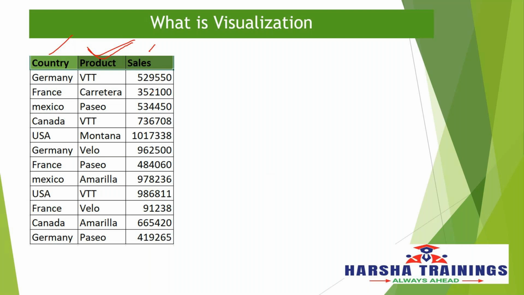Is it clear? The total sales from Germany, from France, from Mexico, and Canada. Apart from that, I need to know what percentage of the sales is happening in each country. Why? Because if I have that information, I can try to grow my business.